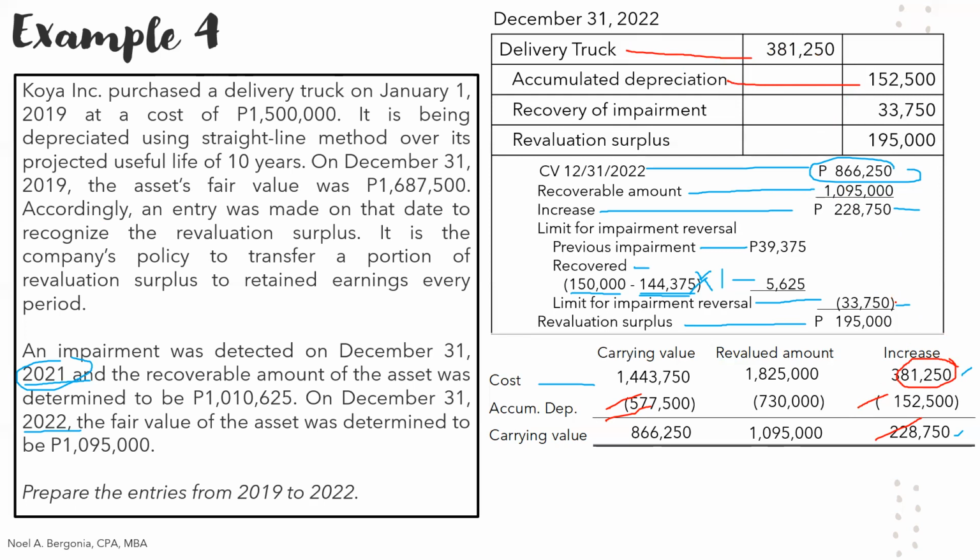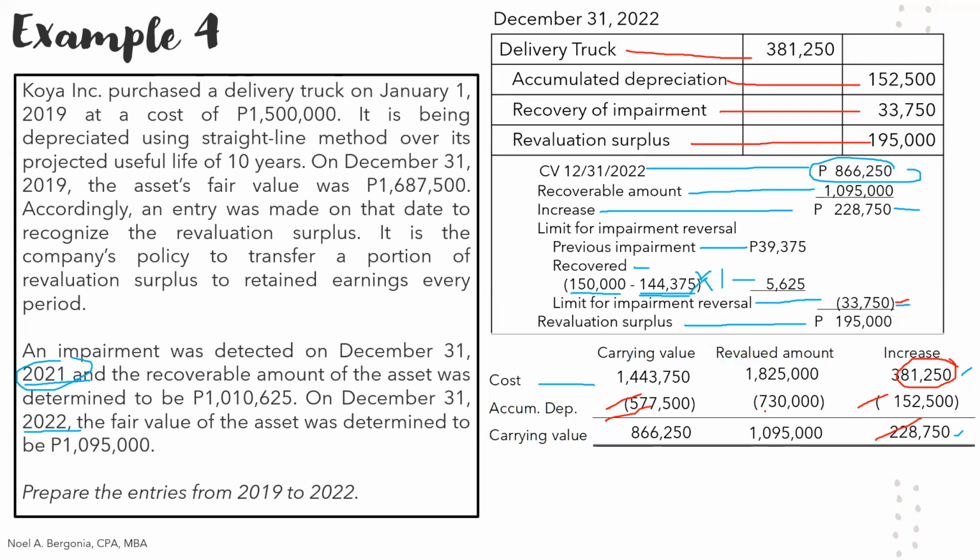So our recovery was 33,750. So credit po tayo ng recovery of the previous impairment, 33,750. And lastly, our revaluation surplus was 195,000. So that's the entry for our revaluation on December 31, 2022.